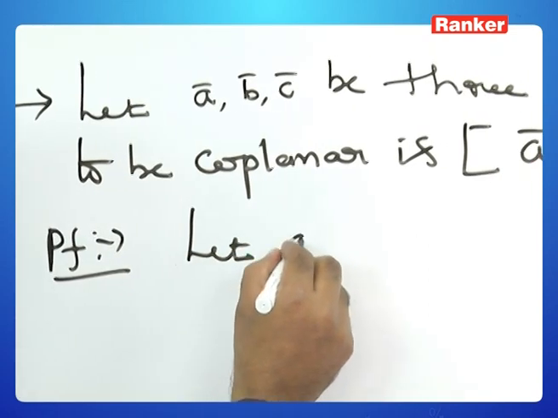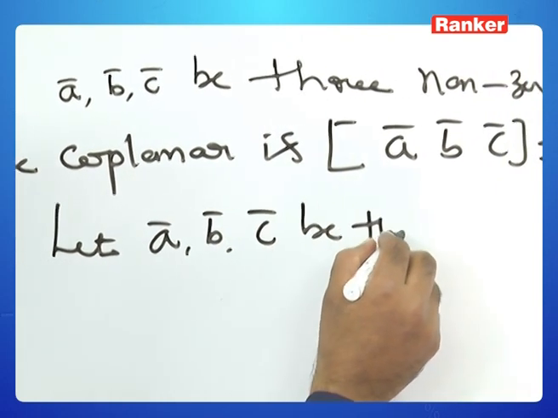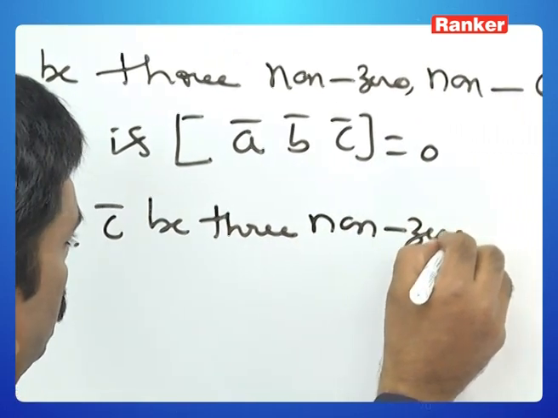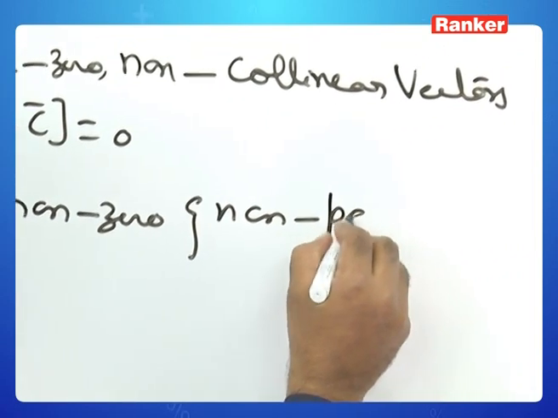Let A bar, B bar, C bar be three non-zero and non-parallel vectors.